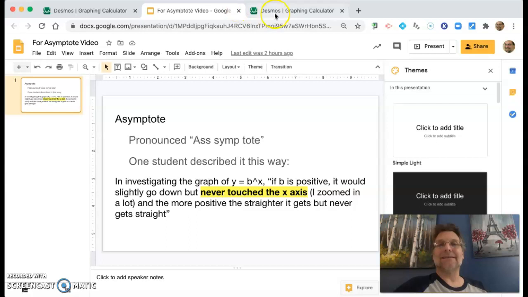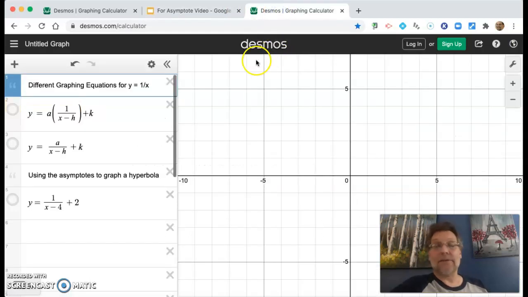If I look at another example, if we take 1 over x, our function, and we look for graphing form, we know how we normally do that. We take the x value, replace it with x minus h, so the h will move us left or right, and then at the end we add the k.